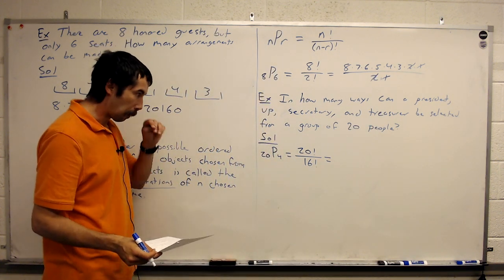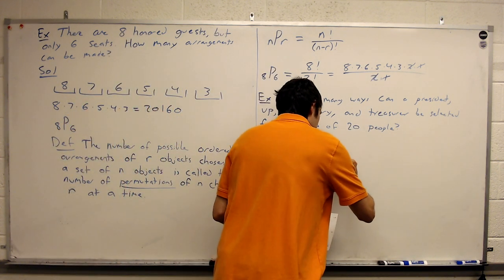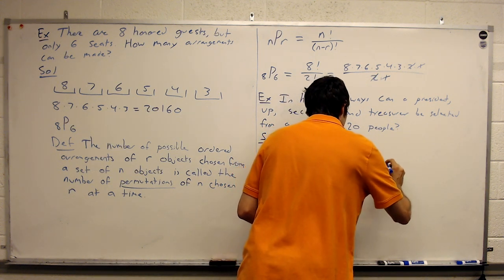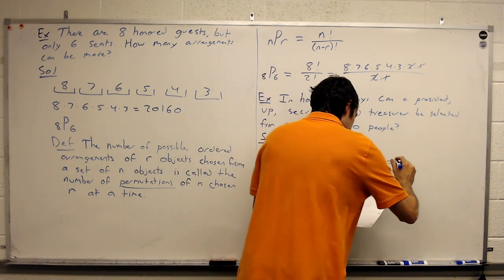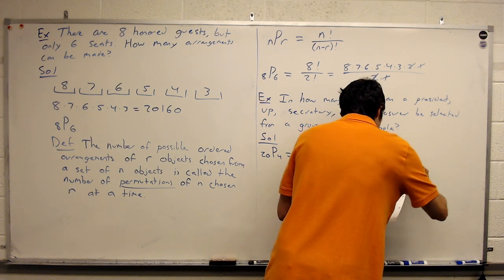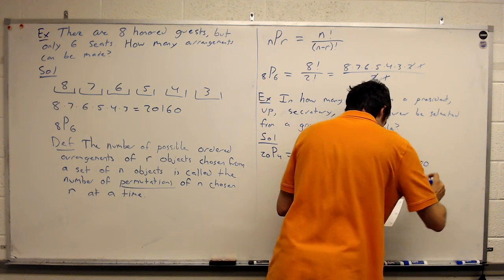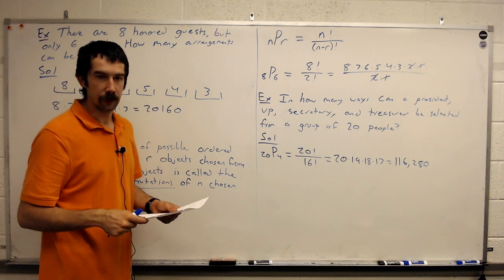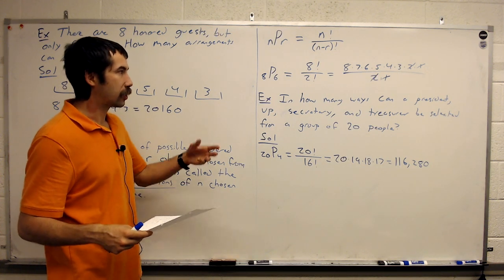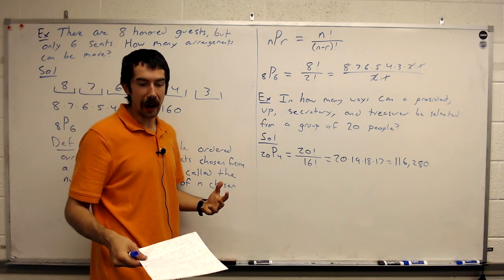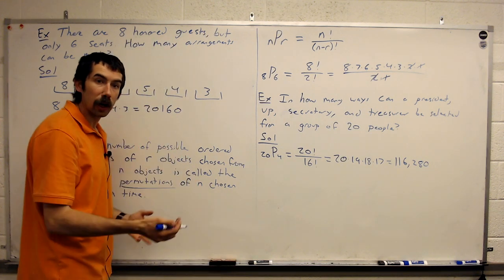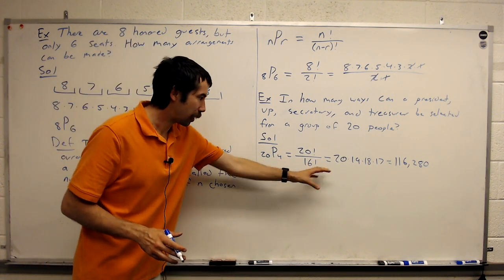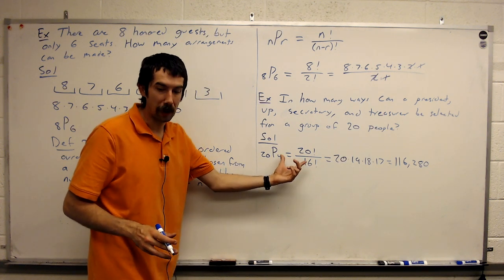It's also 20 times 19 times 18 times 17, which is 116,280. Okay, so if the order of selection matters, we're using permutations to count them. And this is going to be our formula when order matters.